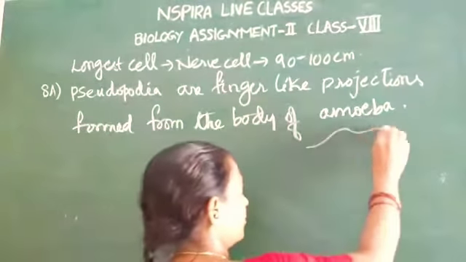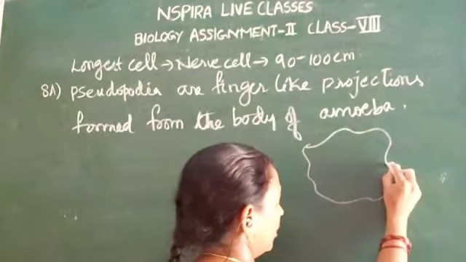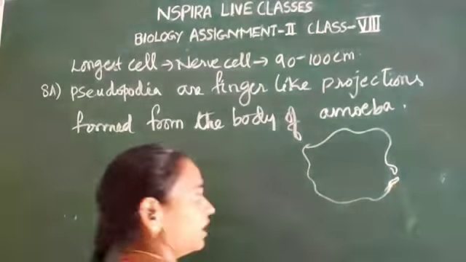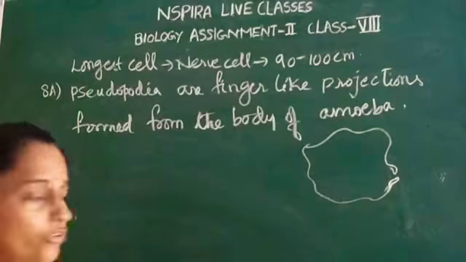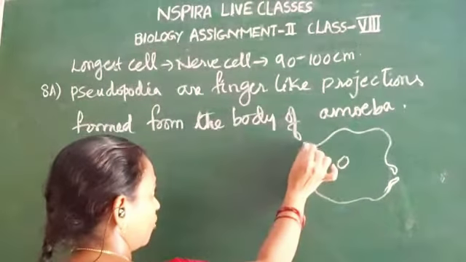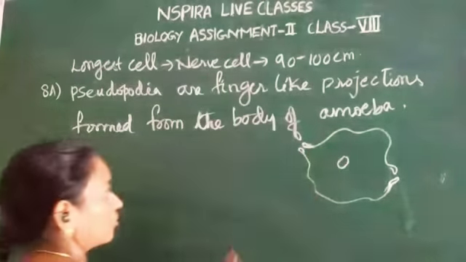Here you can observe in the form of a diagram like this. These are the pseudopodia which are formed in the body of amoeba, and from any side they may form like this.